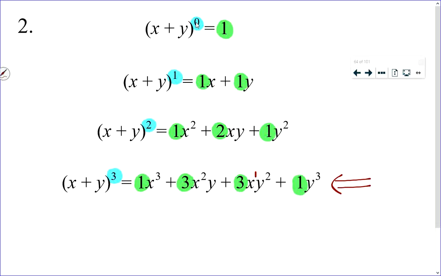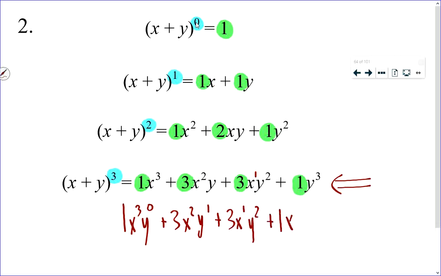In fact, I could write this out as 1x cubed y to the 0 plus 3x squared y to the 1 plus 3x to the 1 y to the 2 plus 1x to the 0 y cubed.